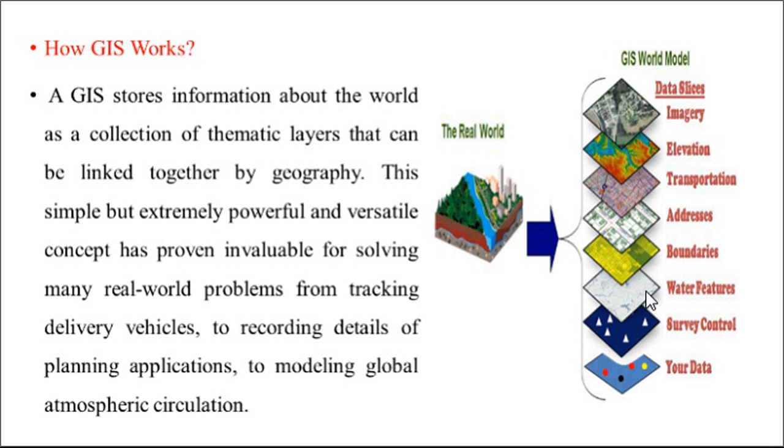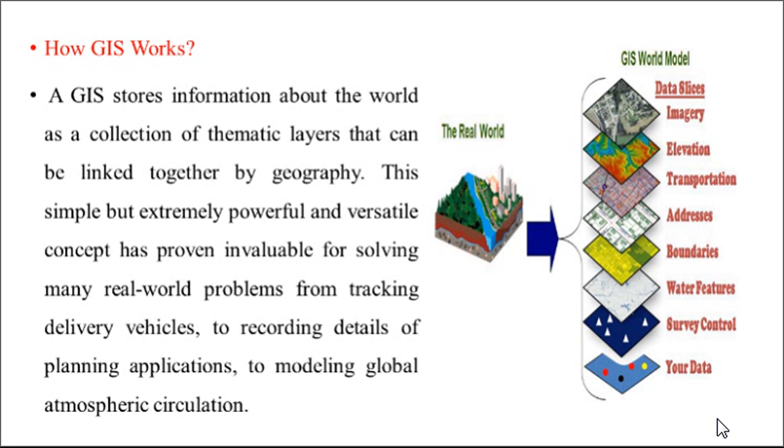This simple but extremely powerful and versatile concept has proven valuable for solving many real world problems, from tracking delivery vehicles to recording details of planning applications to modeling global atmospheric circulation. Whatever data GIS stores is stored in different layers like this, and then as per the requirement the assessment of that data can be done.